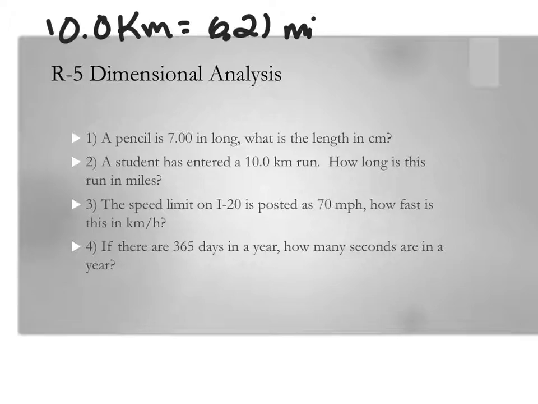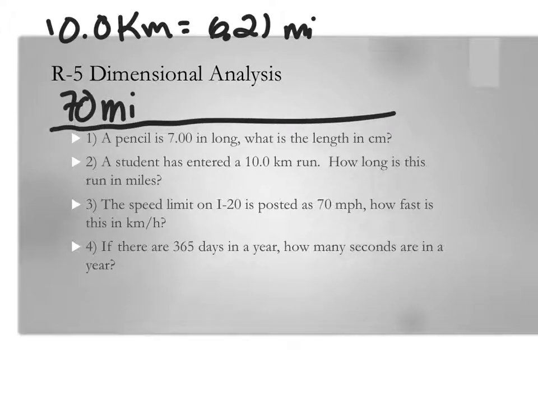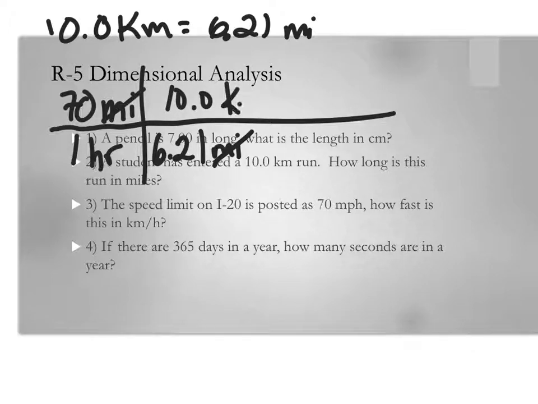And so we can convert miles per hour to kilometers per hour by saying, okay, we've got 70 miles, and here you've got a division per hour, and we're going to convert miles to kilometers by just taking the conversion factor above. 6.21 miles down below, the miles will cancel out, and then 10.0 kilometers above, and that's it.